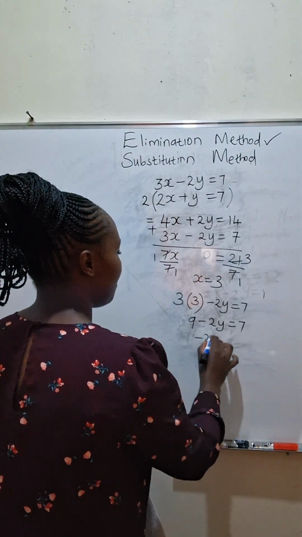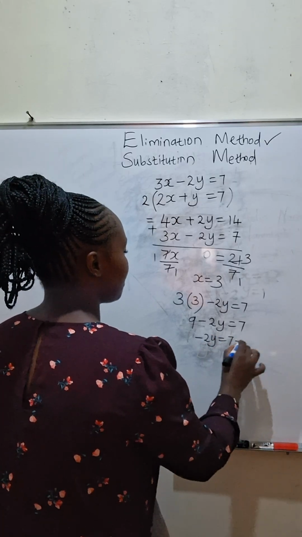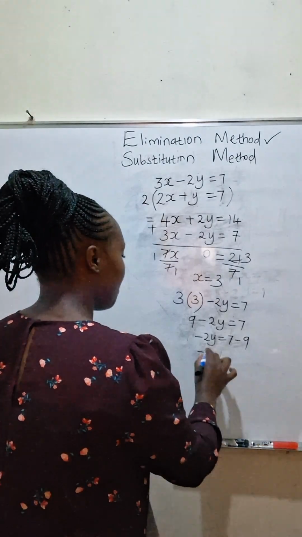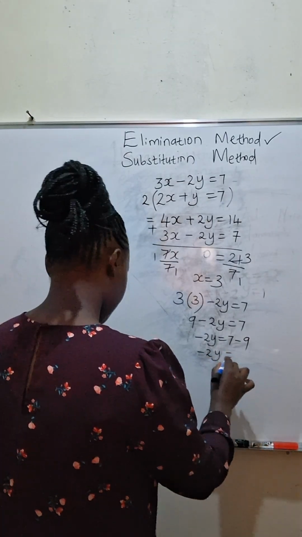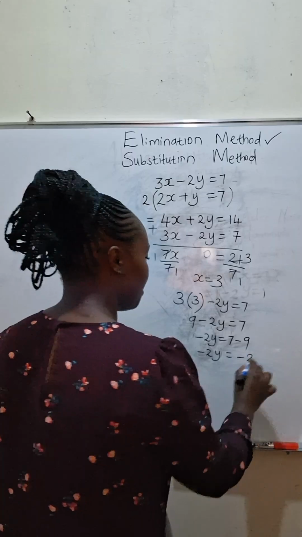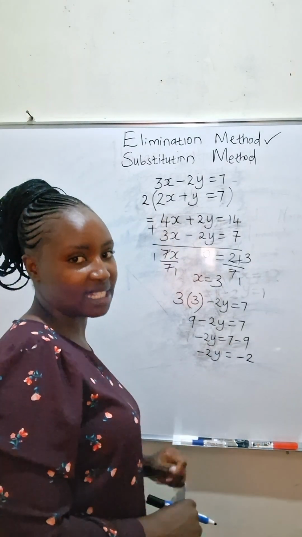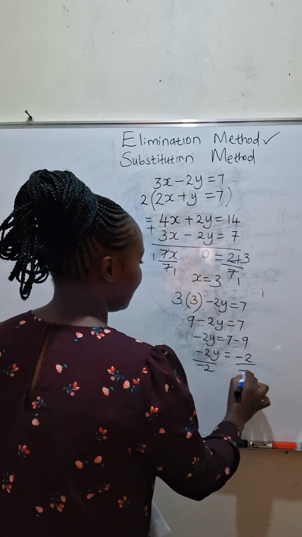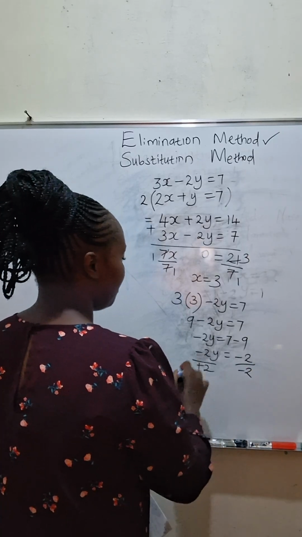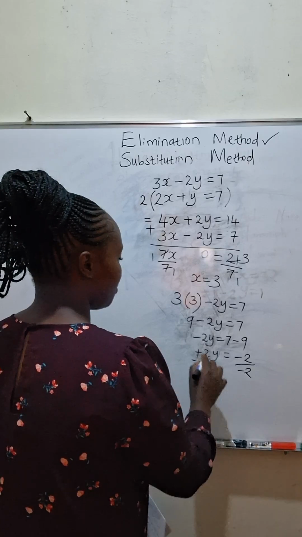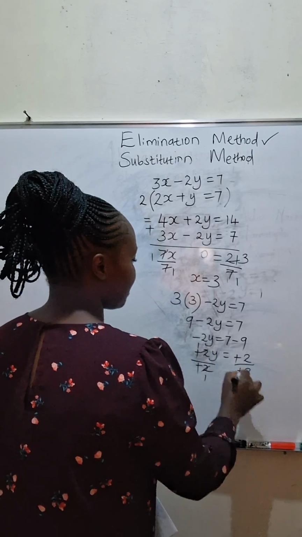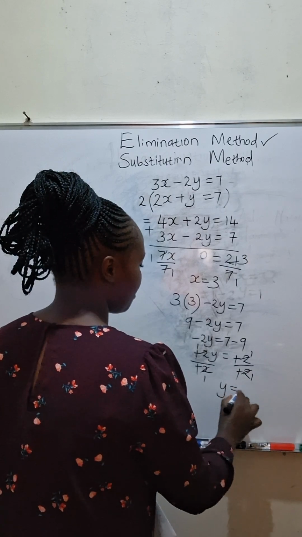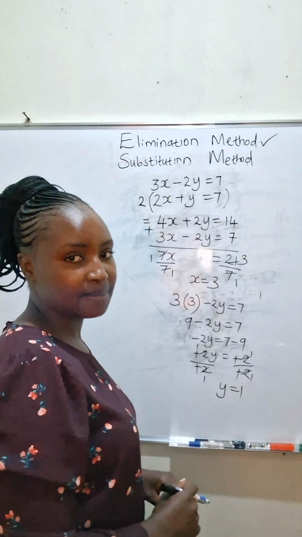So negative 2y equals 7 minus 9, right? So negative 2y equals negative 2, because 7 minus 9 is negative 2. You can choose to divide by negative 2. Negative divided by negative becomes positive. So you'll get that y is equal to 1, right?